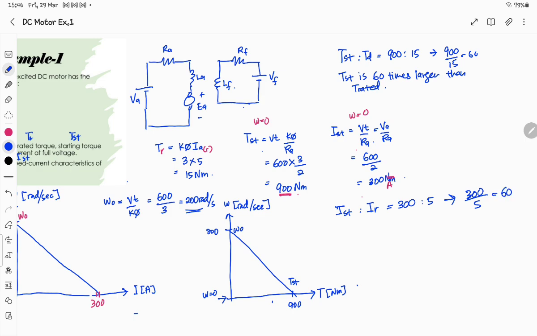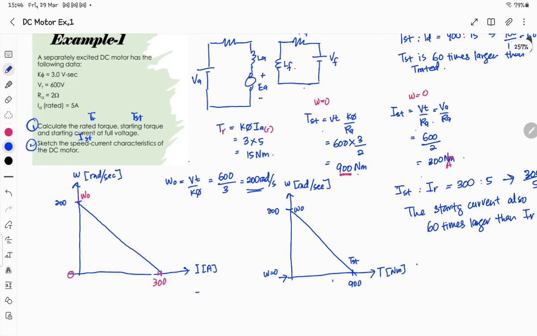Also 60, and you can say that the starting current is also 60 times larger than rated current.